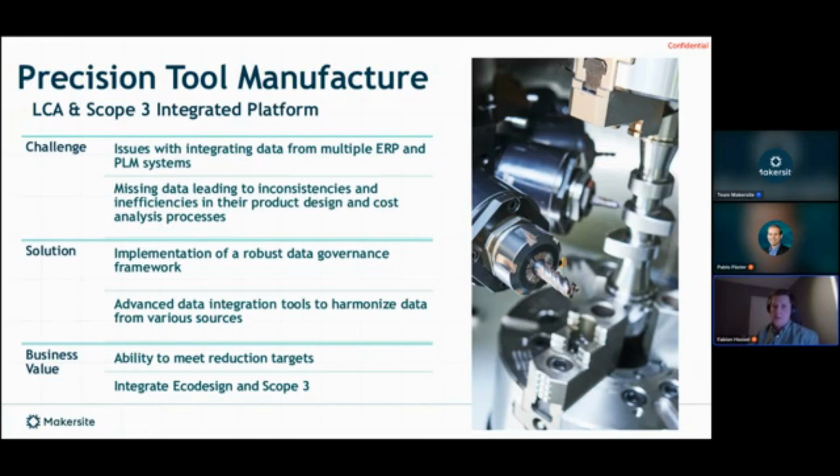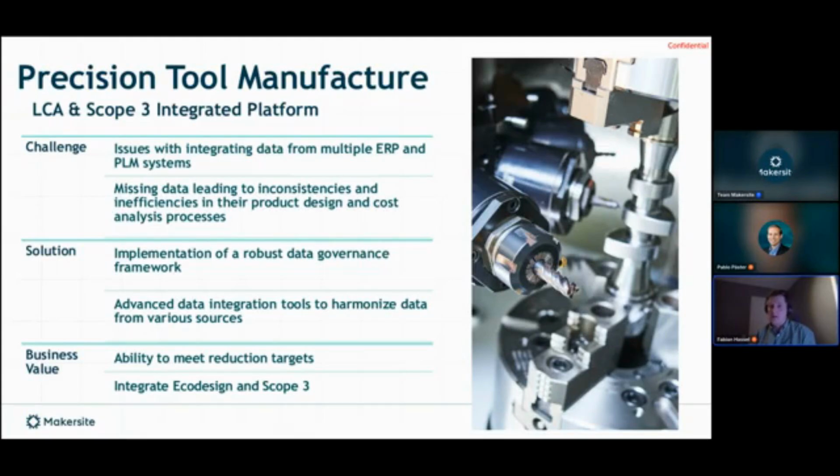We first implemented a robust data governance framework, meaning which data is used in which context, who has ownership to quality assure and check data, and system-supported quality check and maintenance of data to reach your final result. At the same time, we integrated the tools into one single platform to harmonize all the data, combining data from different sources to make the most out of it. Again, siloed data in single places in an organization hides what you have and takes a lot of value.